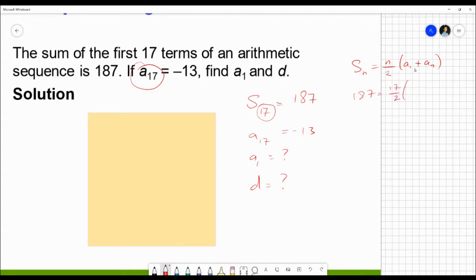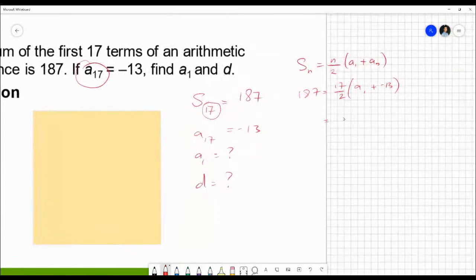A1 we do not know, and an we do know. An is negative 13. All right, so this is good because the only unknown value is a1, so that means we can solve for a1. So let's do that. So we can multiply by 2 and divide by 17 here.